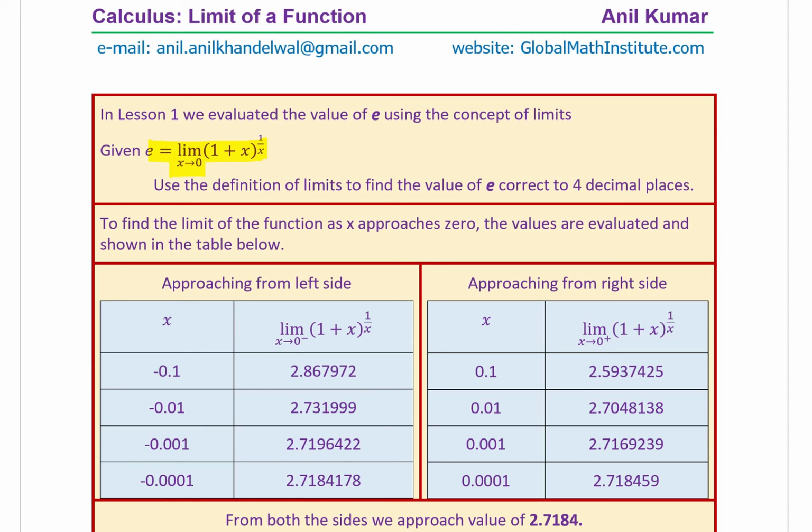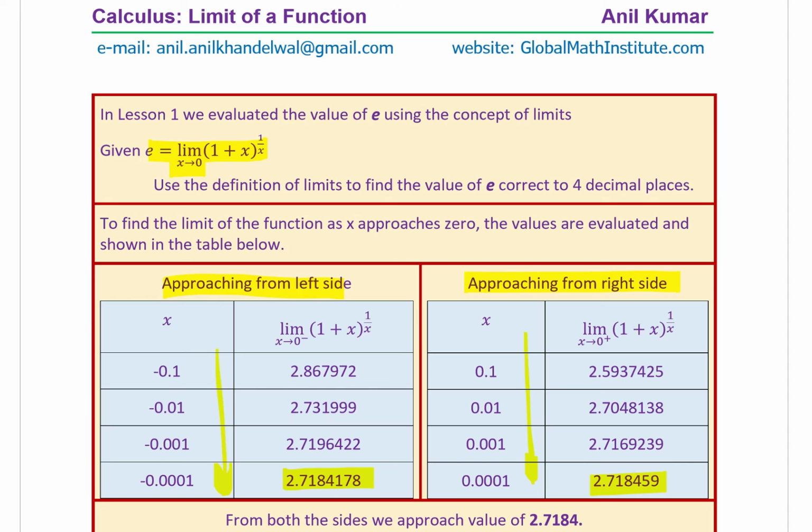We found that limit by approaching from the left side and from the right side, substituting values of x approaching 0. From both sides, we came up with 2.7184, a perfect answer for 4 decimal places. And we know e has this answer.